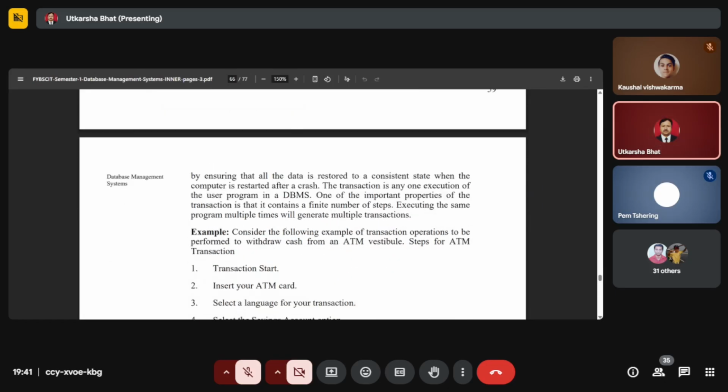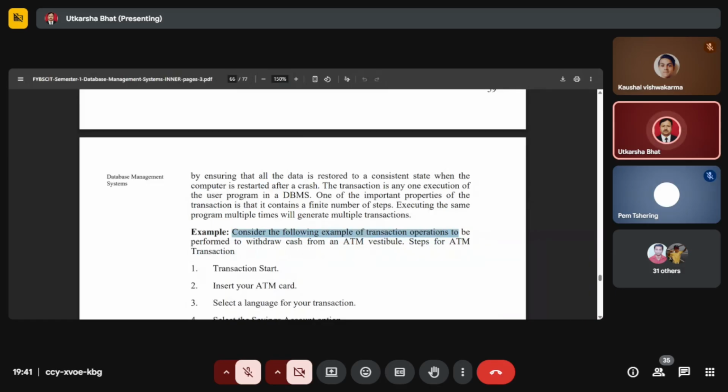Consider the following example of transaction operations to be performed to withdraw cash from an ATM. For example, suppose you go to an ATM and withdraw an amount.